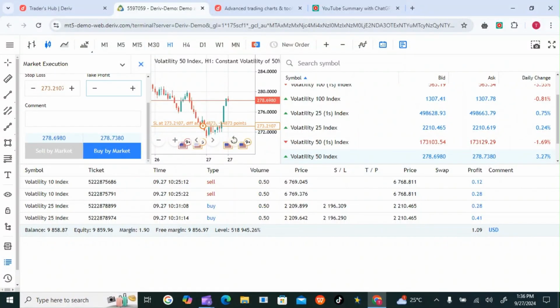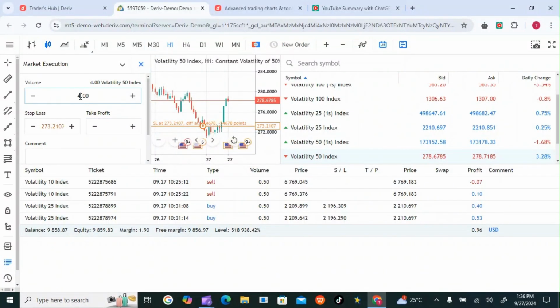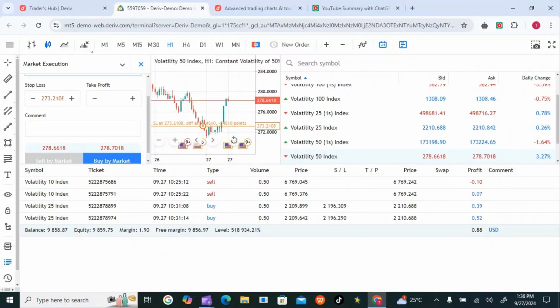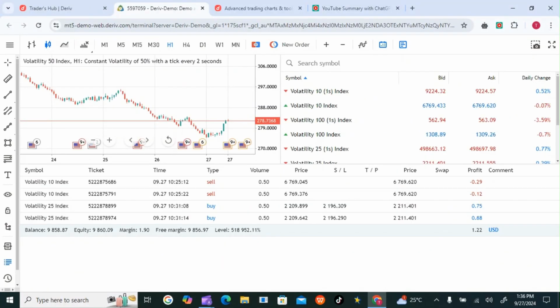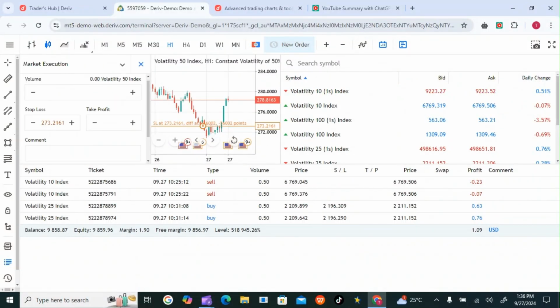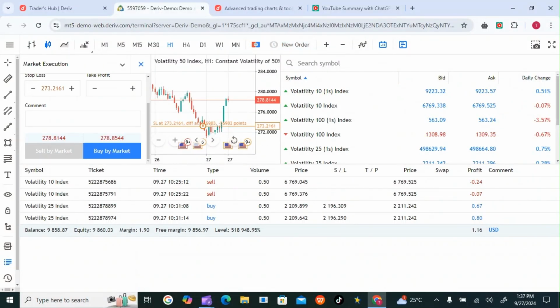Now why is it not making me take a trade? Sometimes I trade forex on MT5. I want to take a sell, and it's not a problem of my net. For the direction of volatility 50, it is a sell, and for the market execution, it has refused to take a trade.